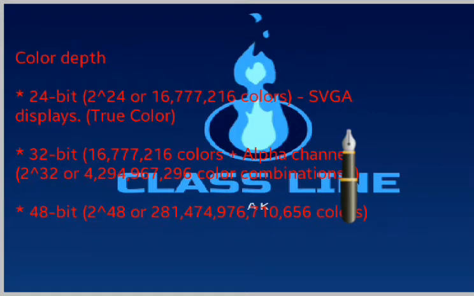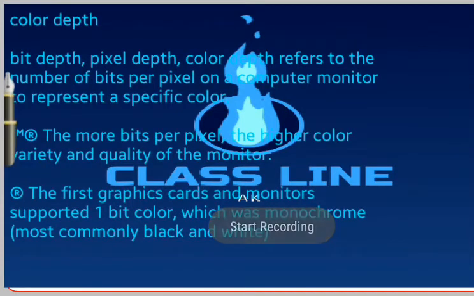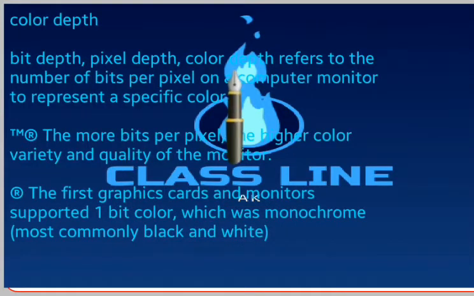If you use 32-bit colors, then there are 16777216 colors plus alpha channel in each pixel. Color depth, bit depth, and pixel depth are the same terms, which refer to the number of bits per pixel on a computer monitor to represent a specific color. The more bits per pixel, the higher the color variety and quality of the monitor.